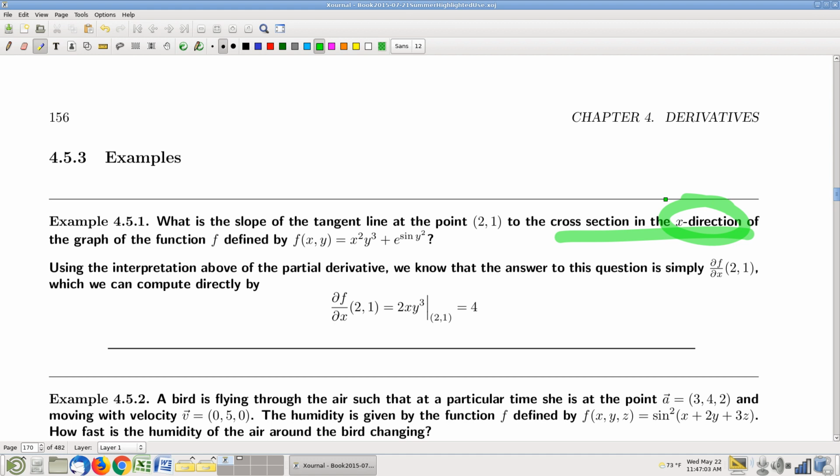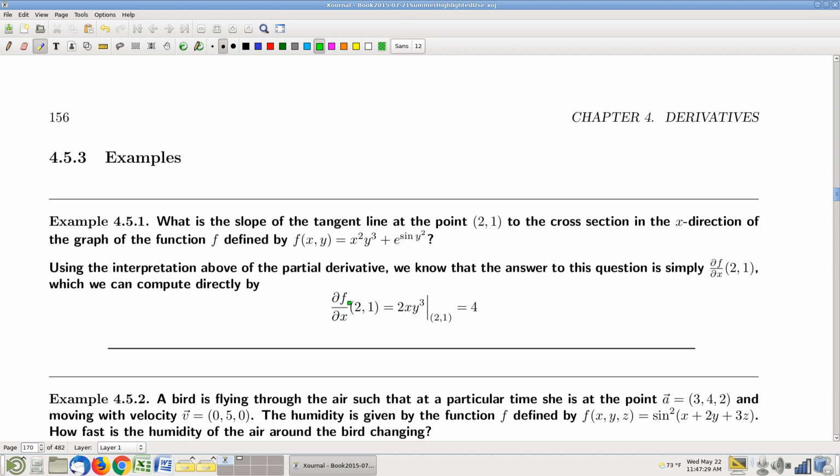And that means that not only are we going in the direction of a certain unit vector, we're going in the direction of a unit vector that points along an axis, parallel to an axis. So that tells you we're not just looking for a unit directional derivative, we're looking for a partial derivative. And specifically, because we're going in the x direction, partial with respect to x. Partial derivatives are easy to compute. Right?